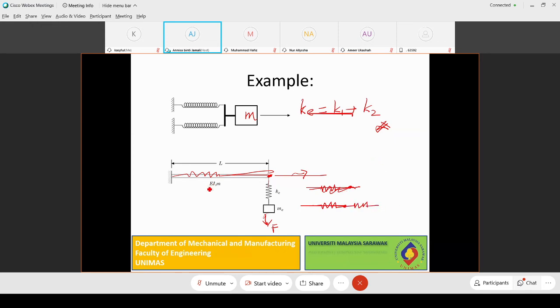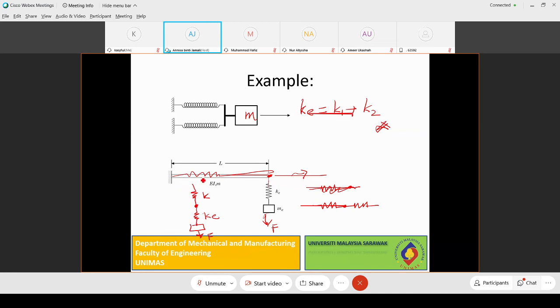This is the free spring from this structure here. The second one, we have mass and we have exerted force here.